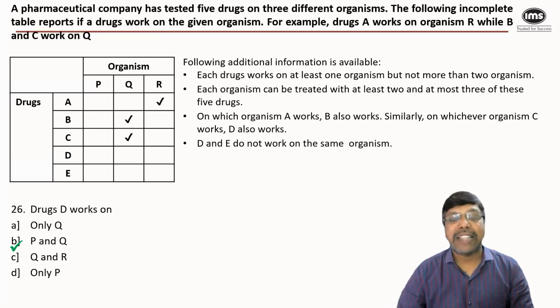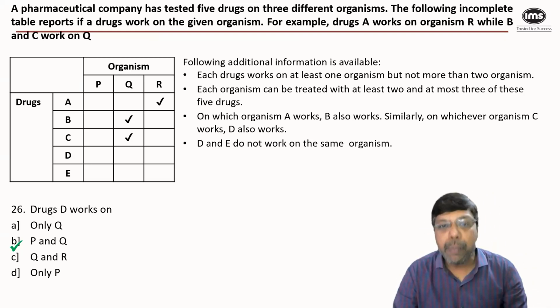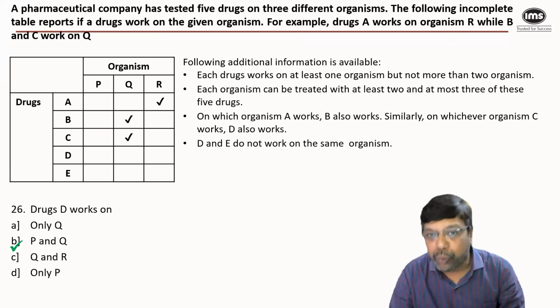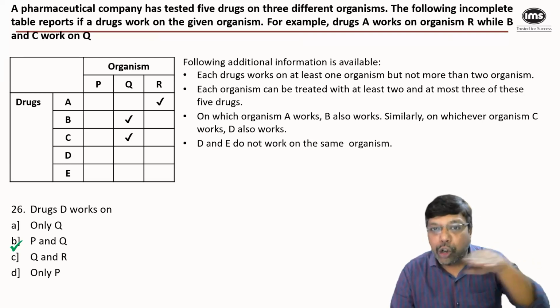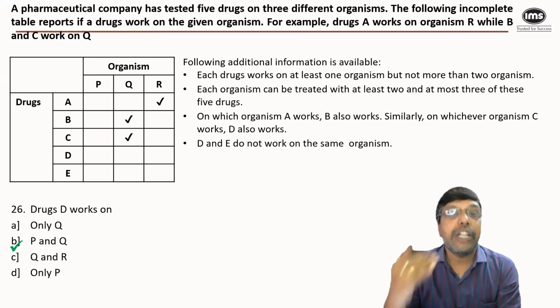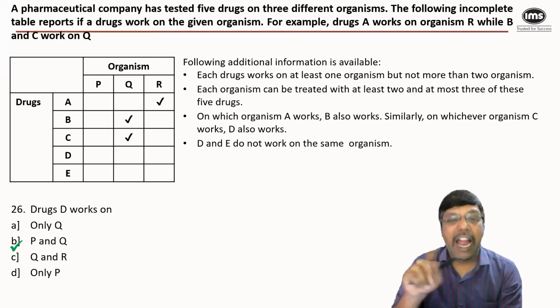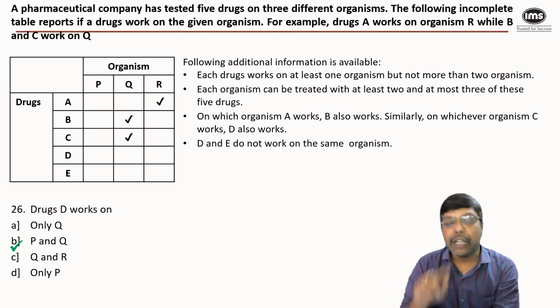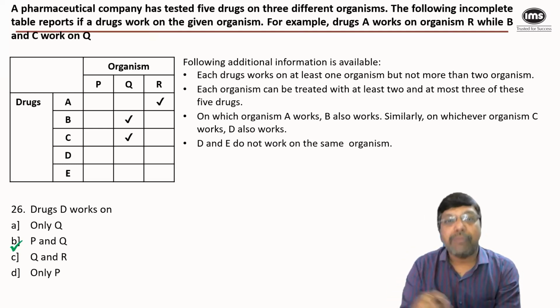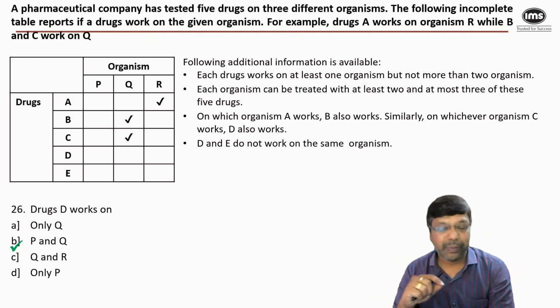The first statement says, each drug works on at least 1 organism, but not more than 2, which means row-wise, each drug should work on at least 1 and at most 2 organisms, which means every row must have either 1 or 2 ticks.